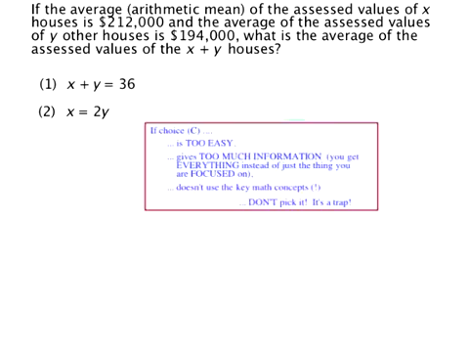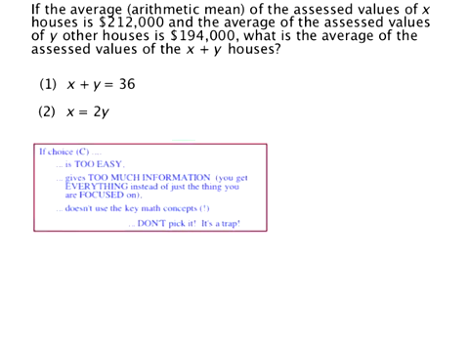Okay, there it is. Choice C is too easy, gives too much information, and doesn't use the key math concepts. Well, the goal here is just to find the average of all the houses. What is not the goal? What things are we not trying to find?